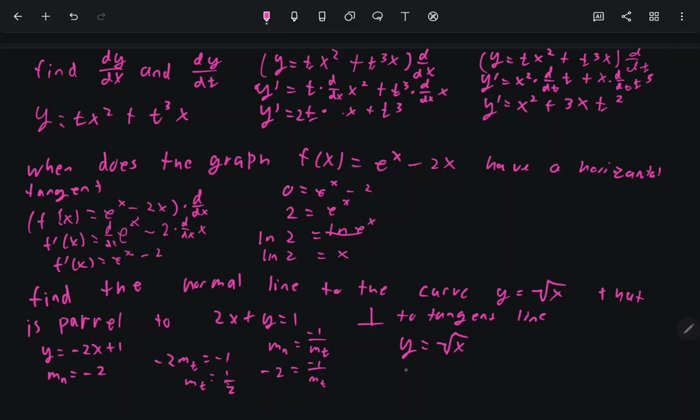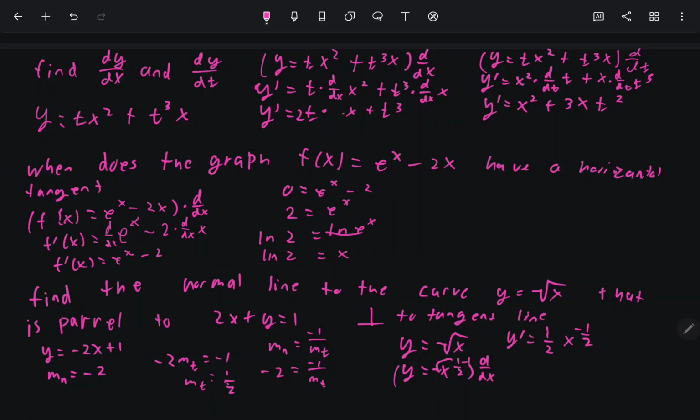You may recall that this can be rewritten as y is equal to x to the 1/2. We can now take the derivative with respect to x. So we get y prime is equal to 1/2 x to the negative 1/2, because we bring the exponent out front and subtract 1.